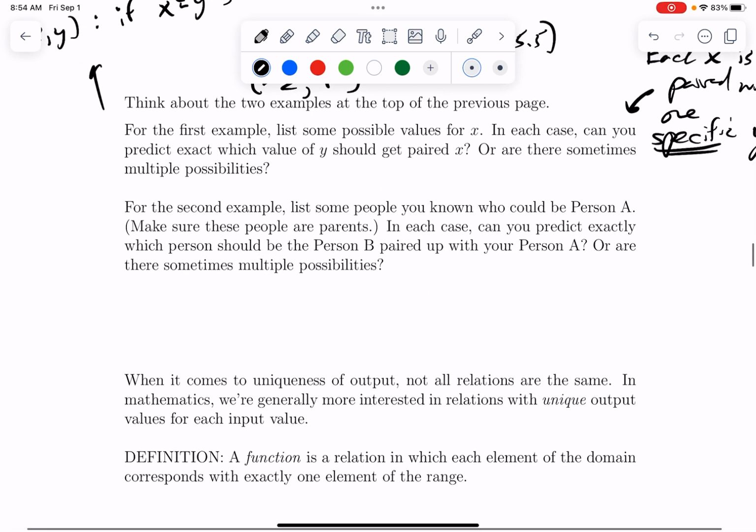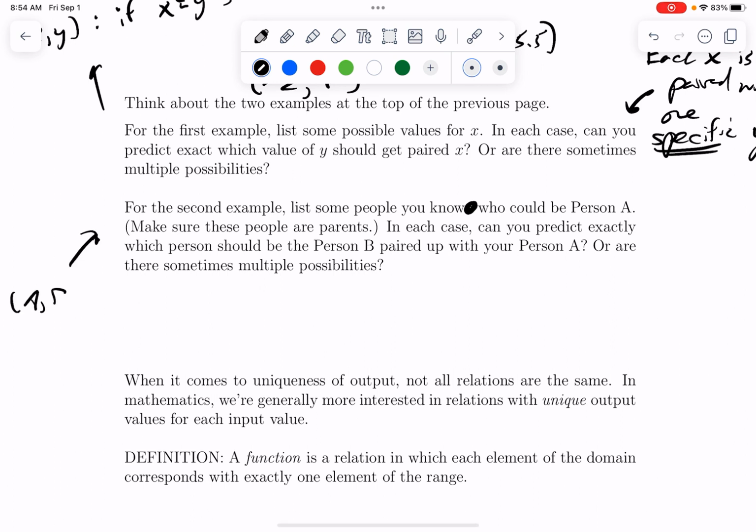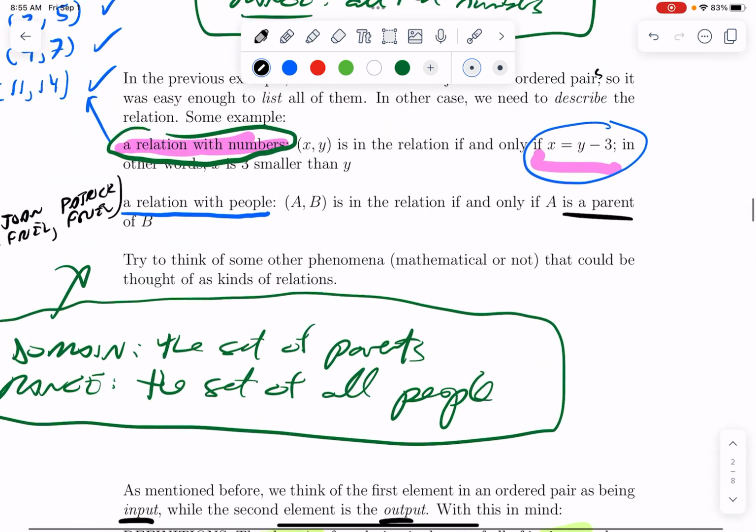But let's look at this other example. Remember, for this one, we're saying A comma B being in there means A is a parent of B. Let's just double check.